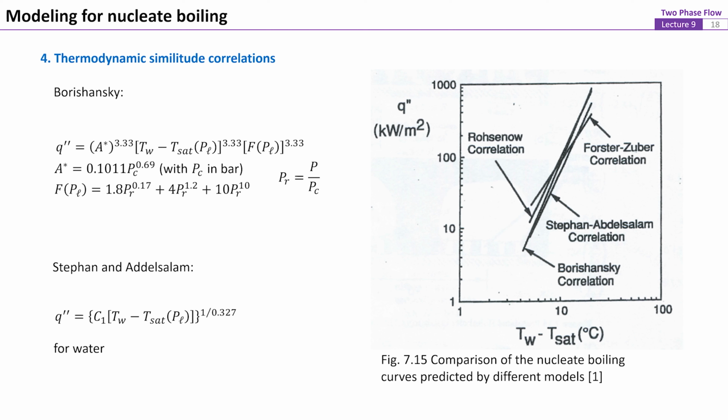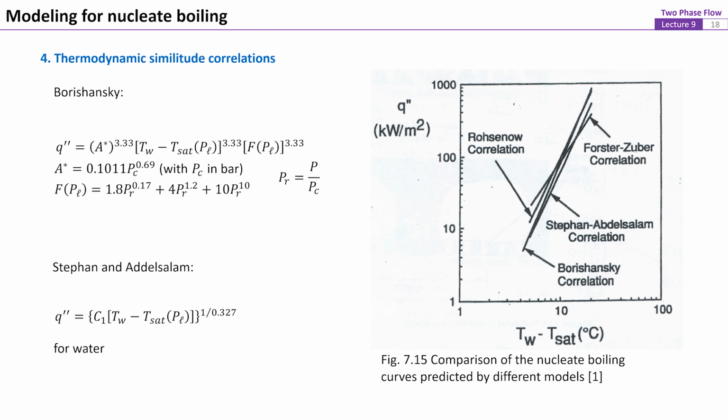The figure on the right compares the four correlations that we have introduced. These four correlations can be divided into two categories: the models based on convection transport and bubble dynamics, and the correlations built on the basis of thermodynamic similitude.